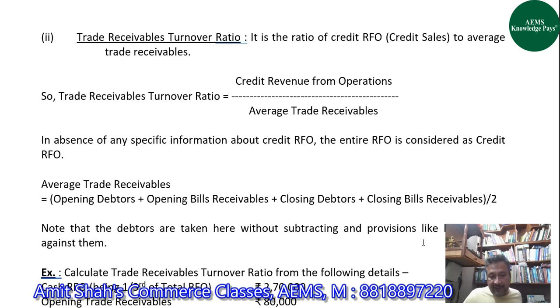You know the provisions which are made against debtors, guys. One is provision for doubtful debts, and second is provision for discount on debtors. So without subtracting them, we take here debtors.